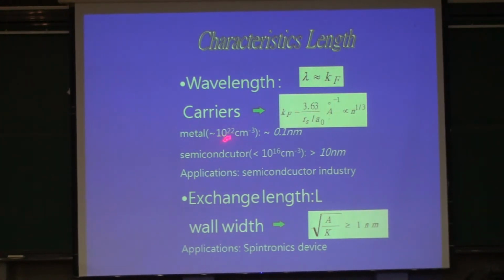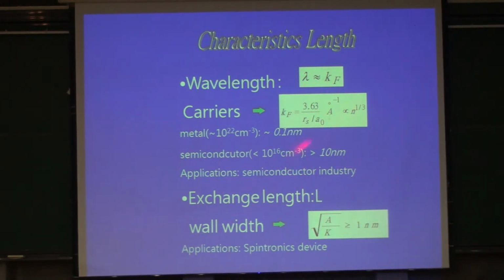Using this formula to estimate, it is about 0.1 nanometer, or 1 angstrom, while for a semiconductor it is about 10 nanometers. So quantum behavior is easy to observe in semiconductors, but nontrivial in metals. Unless your technology can control things precisely in the angstrom range, you cannot see the behavior.